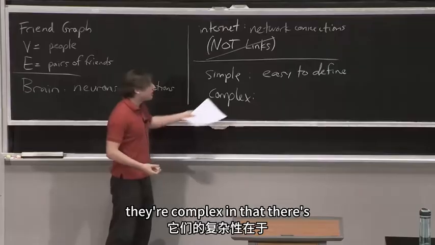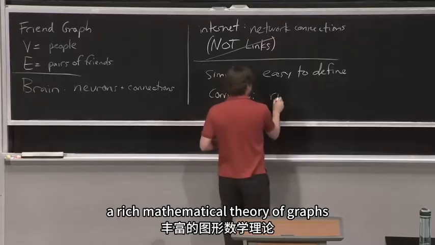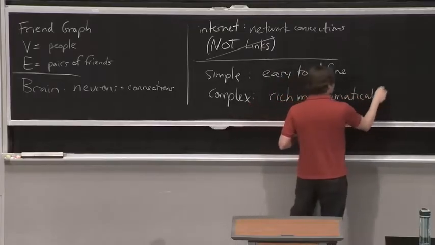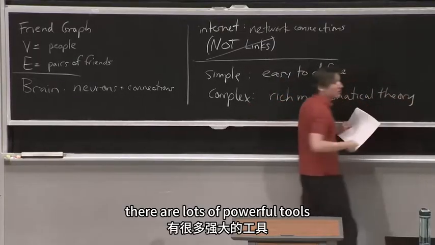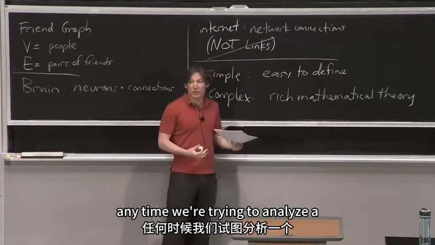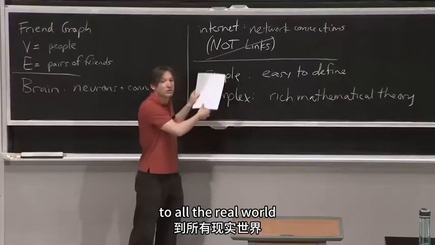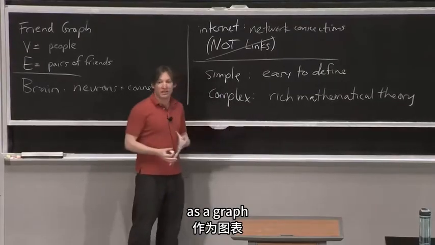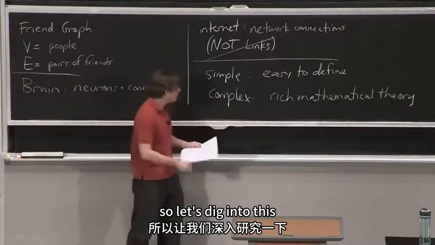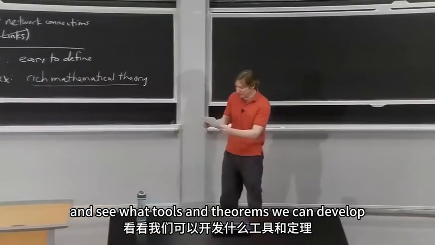On the other hand, they're complex in that there's a rich mathematical theory of graphs. There are lots of powerful tools and definitions and theorems that we can bring to bear anytime we're trying to analyze a graph. And therefore, we can apply all of that to all the real-world scenarios that we have been able to model as a graph. So it's a really nice balance between the two. So let's dig into this rich mathematical theory and see what tools and theorems we can develop.